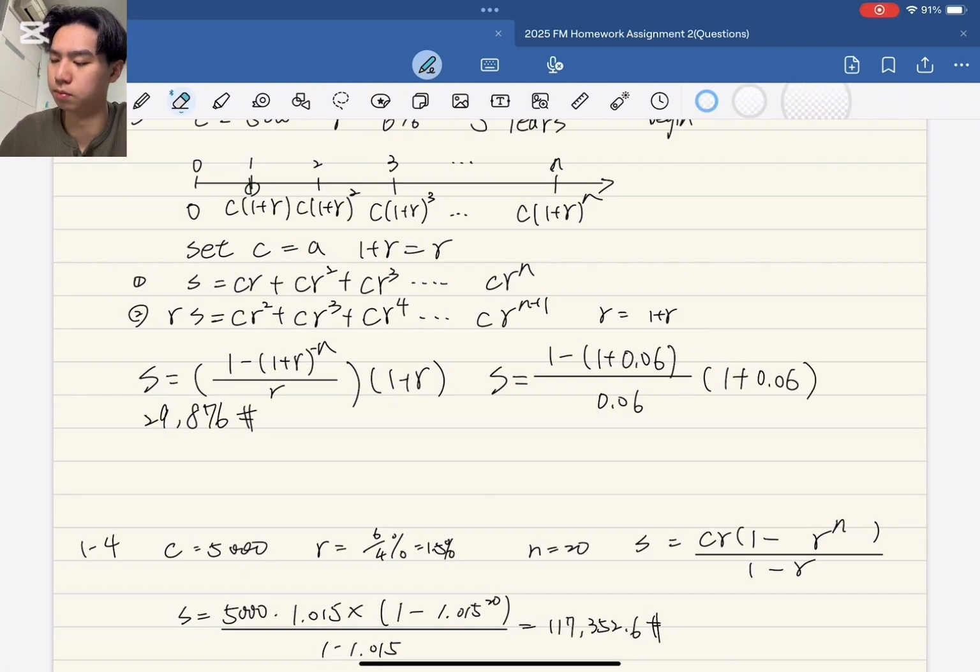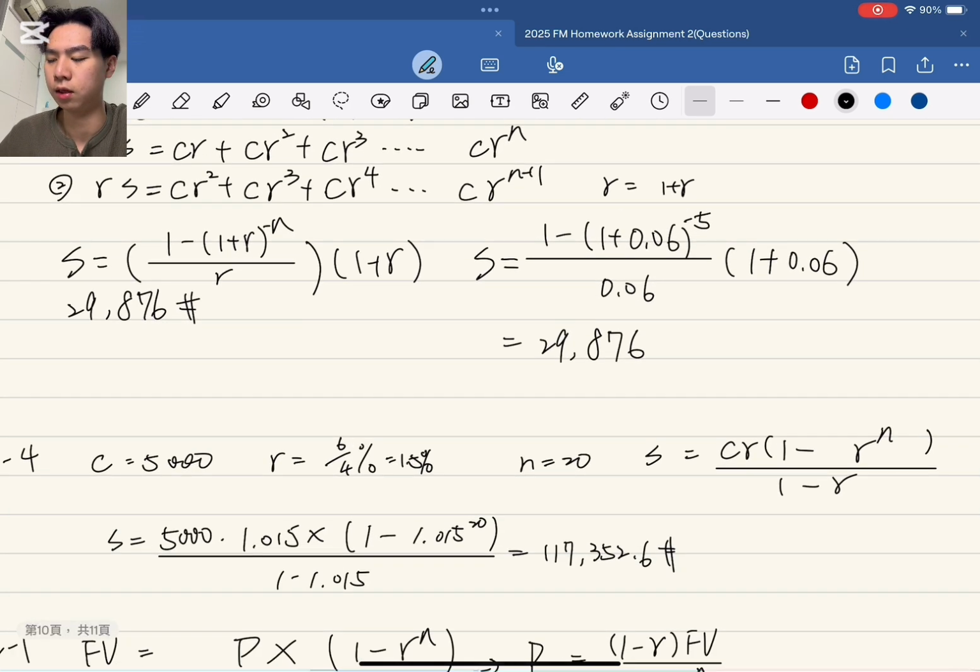Minus n is minus 5 because we have 5 years. We compute this: 29,876. Let's go on.